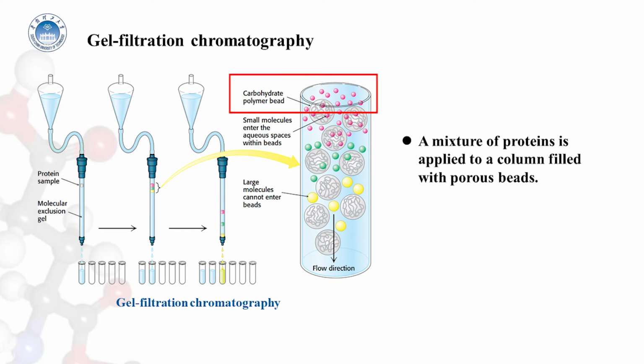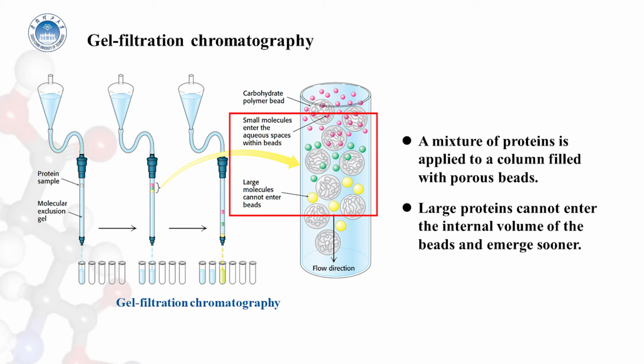The sample is applied on the top of a column consisting of porous beads made of an insoluble but highly hydrated polymer, such as dextran or agarose, which are carbohydrates, or polyacrylamide. Sephadex, Sepharose, and Bio-Gel are commonly used commercial preparations of these beads, which are typically 100 micrometers in diameter. Small molecules can enter these beads, but large ones cannot.